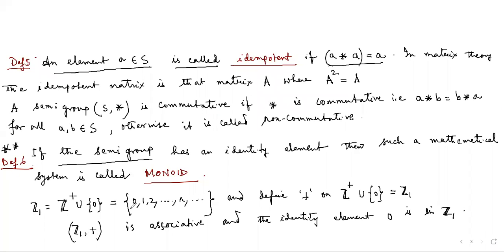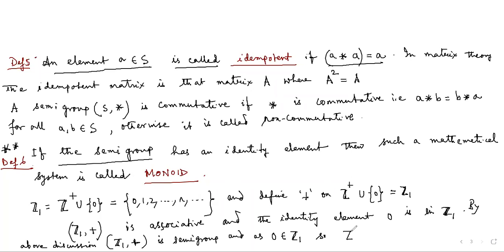So by above discussion, since Z1 is associative with respect to addition, Z1 plus is a semi-group, and as 0 belongs to Z1 and 0 is the identity element, Z1 is also an example of monoid.